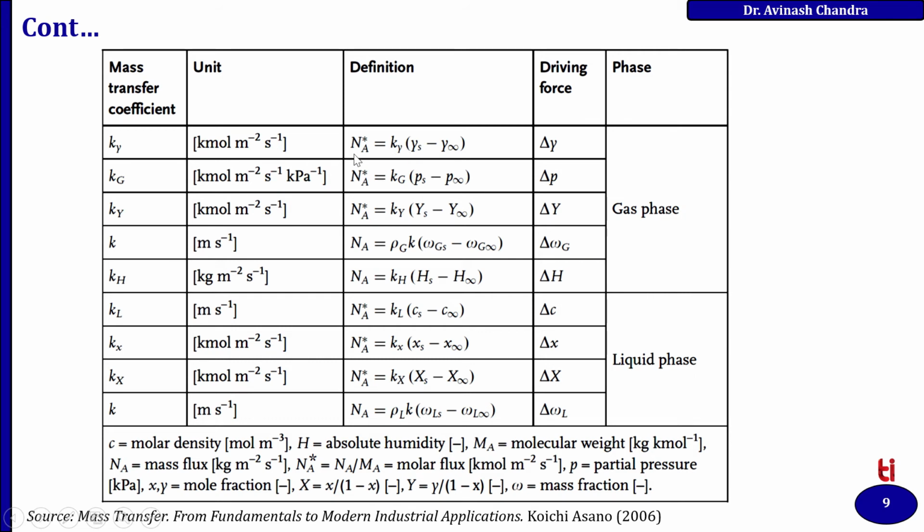The definition is N_A = K_y (y_s − y_∞), where the change in y, the mole fraction in the case of gases, is termed the driving force. If ΔP is the driving force, then it is represented by k_G, where the unit is kilomole per meter square per second per kilopascal.